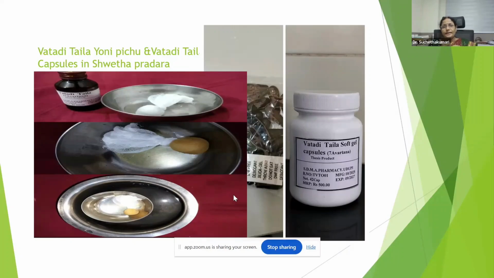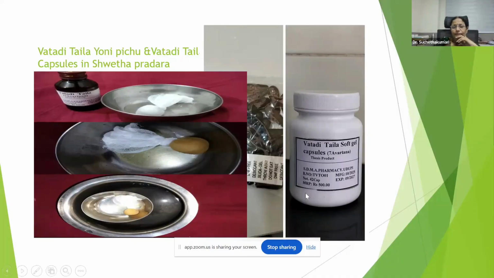She was taking treatment in one of the tertiary institutions nearby Udupi, and they gave all sorts of medications, but she was not cured completely. She came to our institution and we gave this Vatadi Taila Yoni Pichu, and she is in our follow up. She is completely relieved of her symptoms.